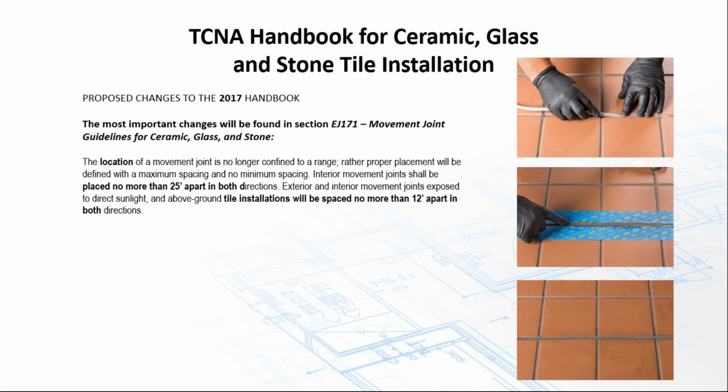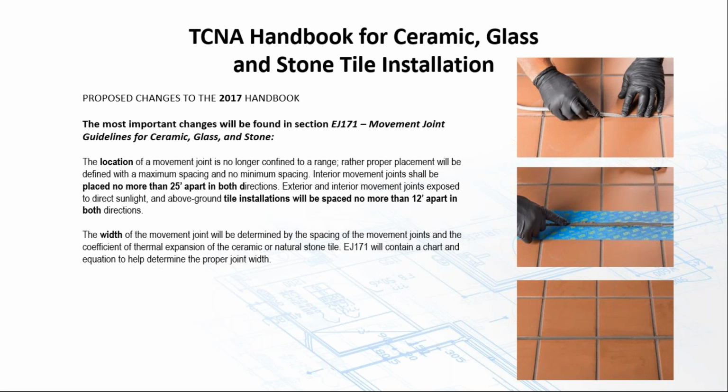There's mathematical formulas involved with it. It has to do with the expansion of the tile. And then what ends up happening, you're going to have a lot more movement joints in the overall floor to achieve that type of look, but it can be done. If you have questions on that, refer to the manual or give your supplier of your setting material company a call, and we're glad to work with you in helping you figure this out.